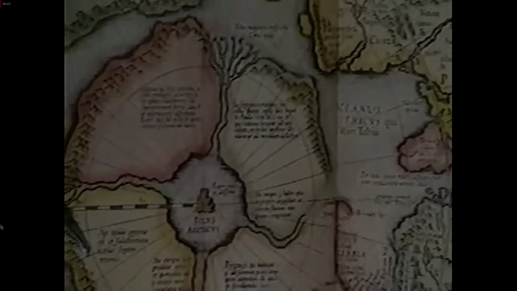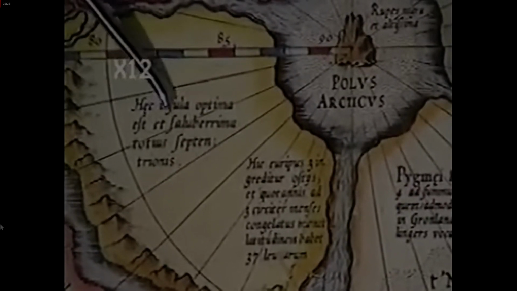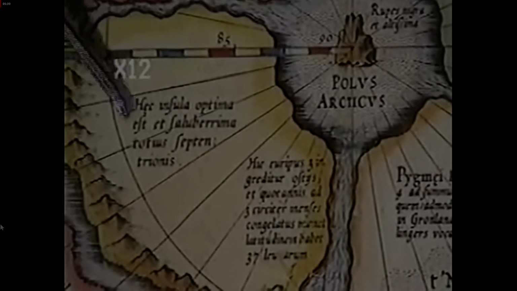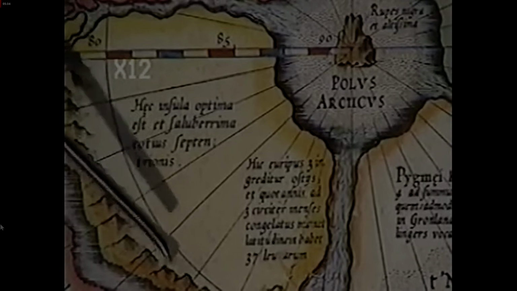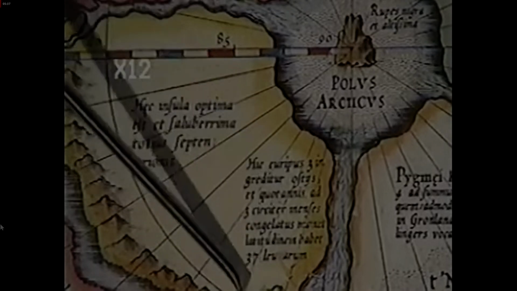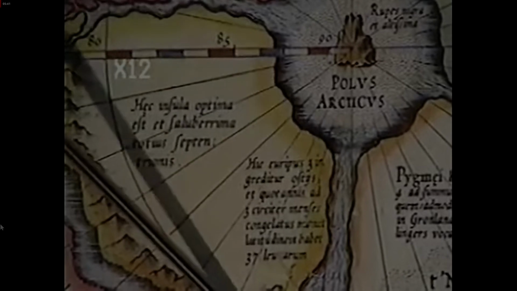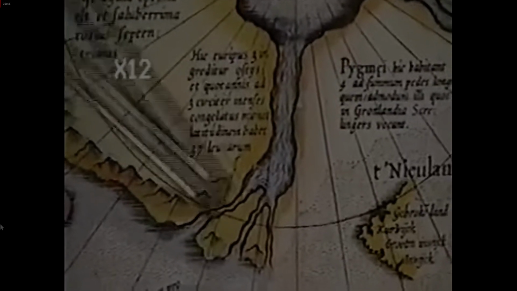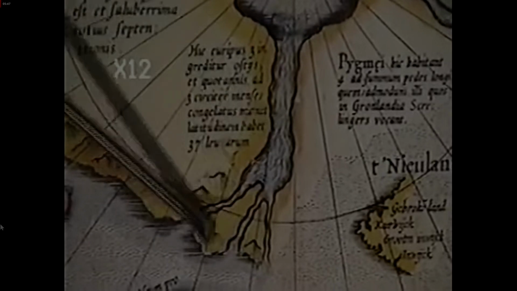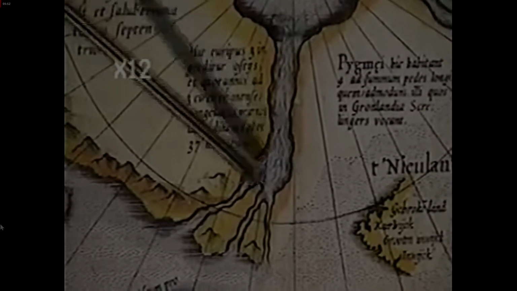Now let us go down here. This describes that this is the healthiest and most fabulous island in the north. This here describes that this river or channel flows northwards and is divided, and it has 3 openings into the outer sea, and this particular channel is approximately 37 leagues wide.